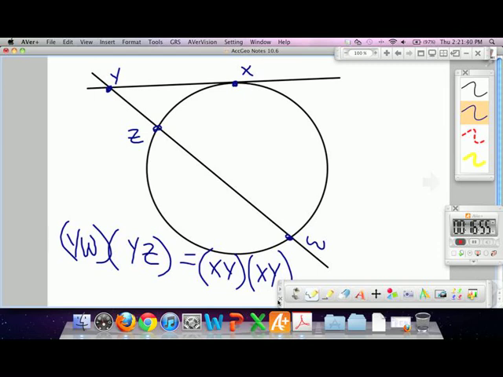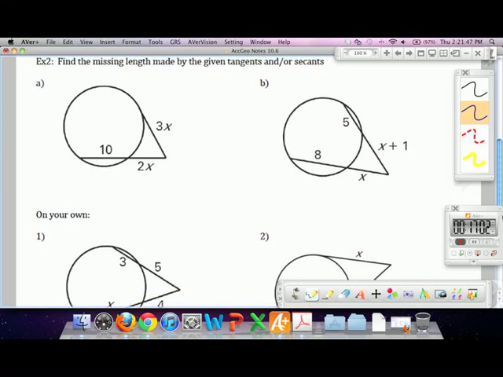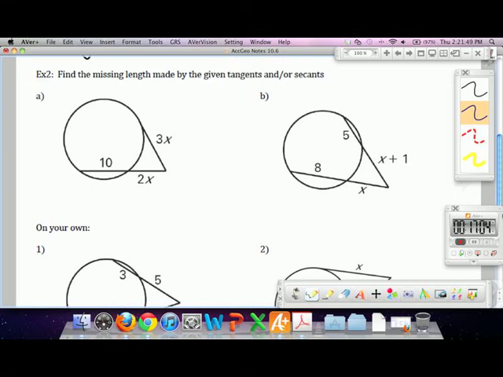Anyways, so this idea of applying it to tangent, let's look at a couple examples. Find the missing length. So I have two lines that are intersecting outside of my circle. So I want to use my theorem to set up an equation.